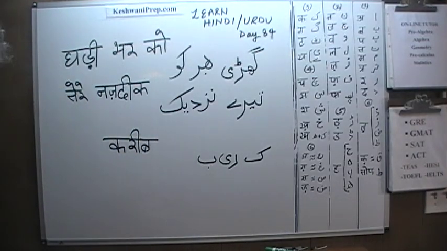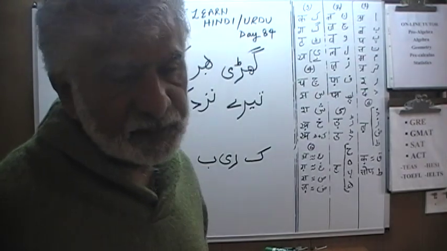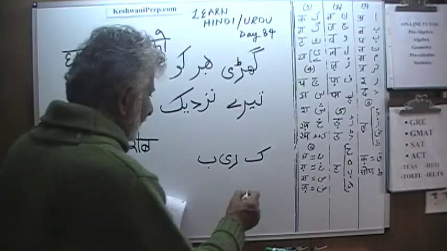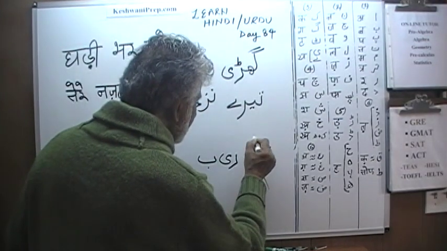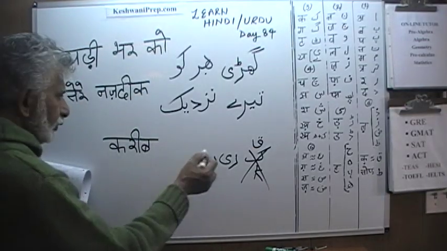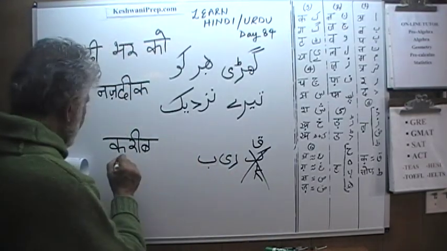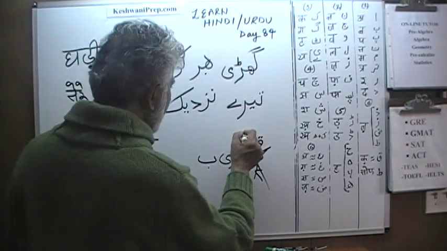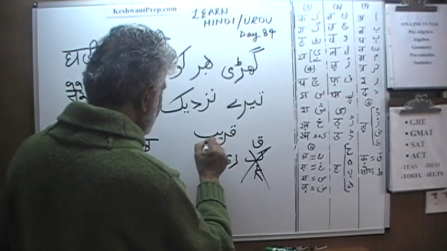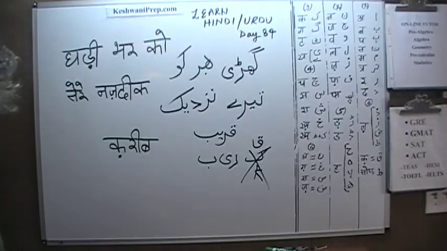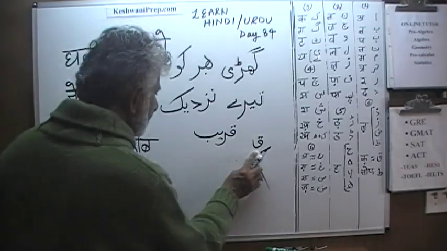And that reads kareeb, except kareeb is not spelled with a K. This is a K. Kareeb is spelled with a Q. So to indicate that it's spelled with a Q, we put a dot underneath it. And now we put them together. Ka, re, ba, kareeb. Kareeb is a synonym of nazdik.